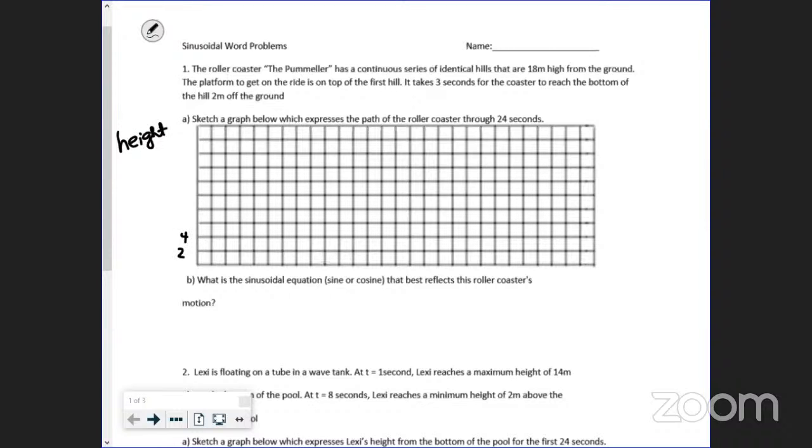So 2, 4, 6, 8, 10, 12, 18. That works great. Okay, across the bottom. That's what I did. Most of you probably did the same thing, I'm sure. Across the bottom, I could just go every one. So I'm just going to go 1, 2, 3, 4, 5, 6.